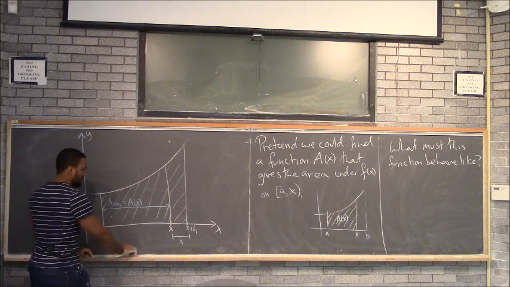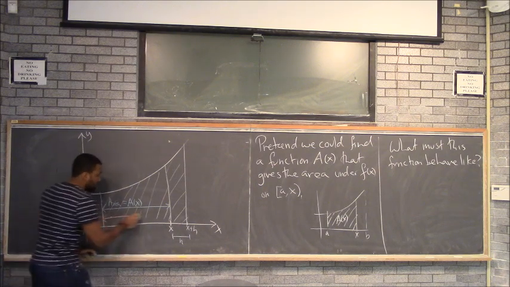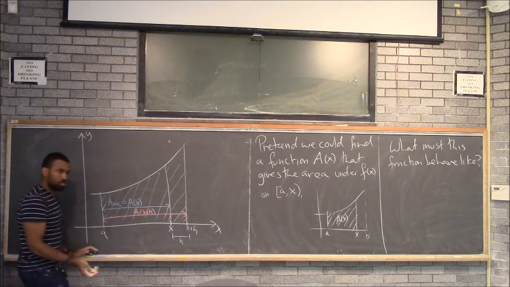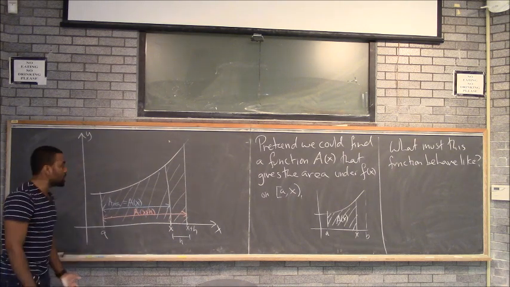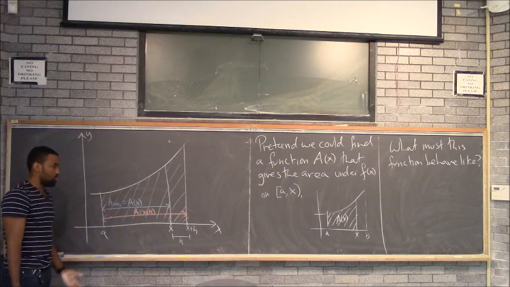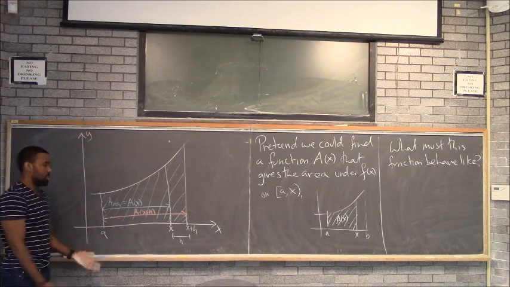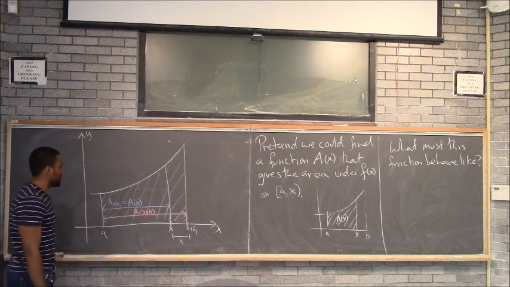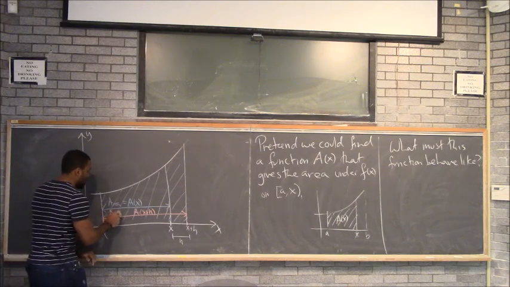And what is going to measure the area from this point to that point? Well, A of x plus h, of course, because this function can measure the area. I just pretend something could do this. There's a way to find a function that could do this, right? So that would be the area all the way up here.